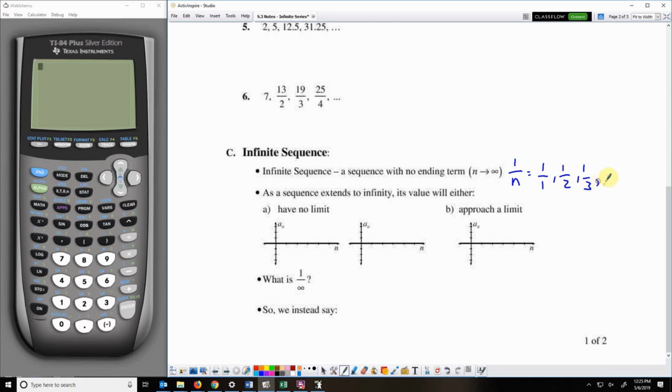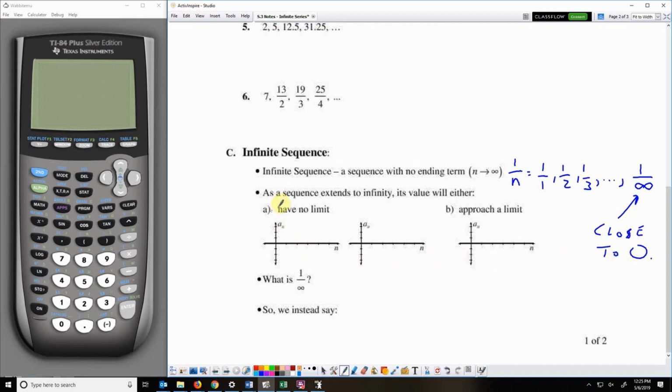Eventually, you're working toward 1 over infinity, which is extremely small. In fact, it's very close to a value of 0. It gets infinitely small and infinitely close to having a value of 0.